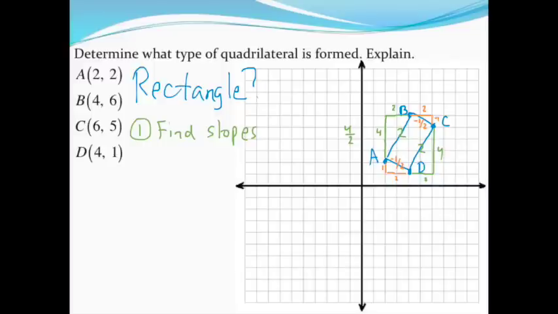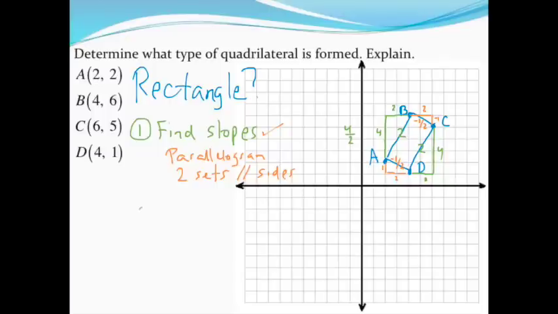So I do in fact have a parallelogram at least, because I've got 2 sets of parallel sides, which means we're not yet at a rectangle, but at least we're a bit closer. We do know that we're at least in the parallelogram family, of which a rectangle is one of our descendants, I suppose.